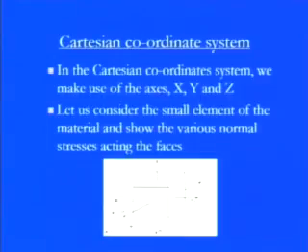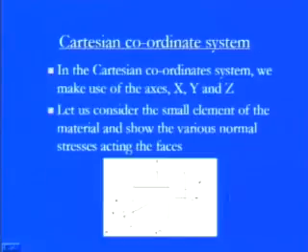First, let us discuss these stresses in the Cartesian coordinate system, because these stresses are set up differently in the different directions x, y, z. So in the Cartesian coordinates we are using three axes x, y, z, mutually perpendicular to each other. This is my x axis, this is my y axis, and this is the z axis, which is perpendicular to the xy plane.